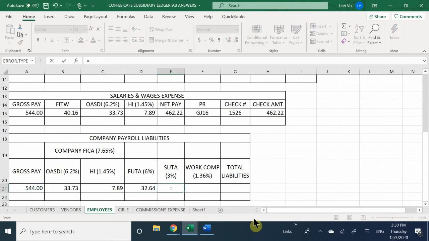And what is her SUTA going to be? $16.32. And what is going to be her workers' comp? $7.40.